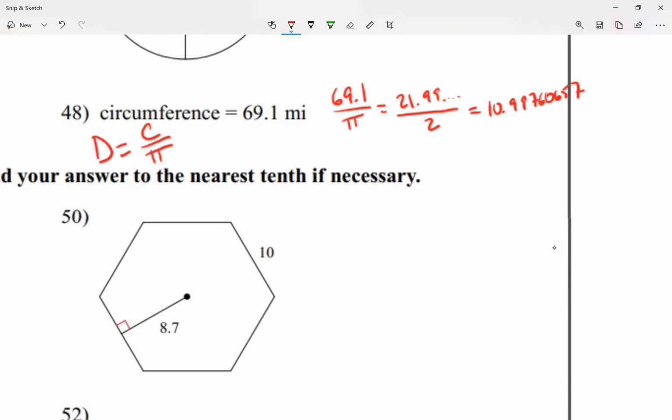So what I'm going to do, I have the radius. The radius is that. So look, this is what I'm going to do. 10.99760657. And I'll press the square button. So I'm going to square this. So that's radius times radius. And then whatever I get, I'm going to multiply this by pi.